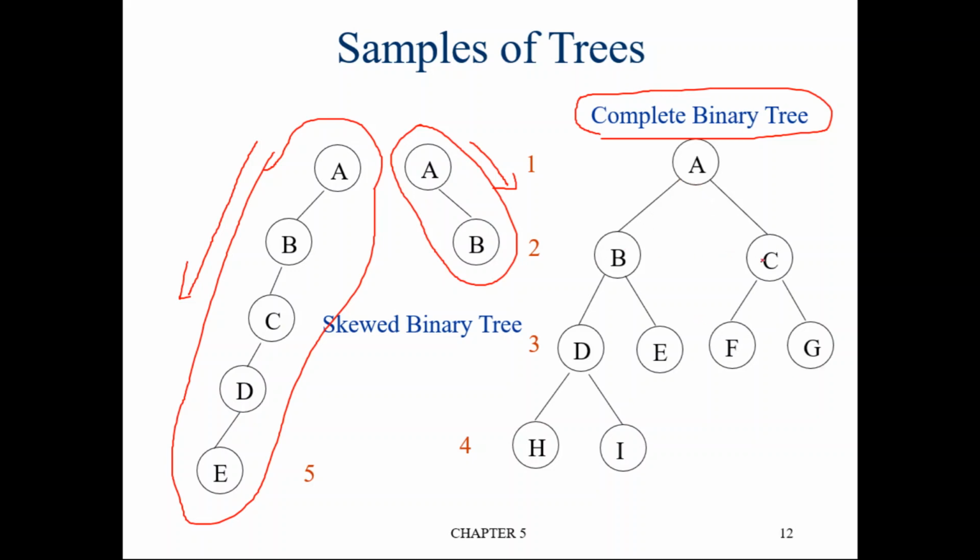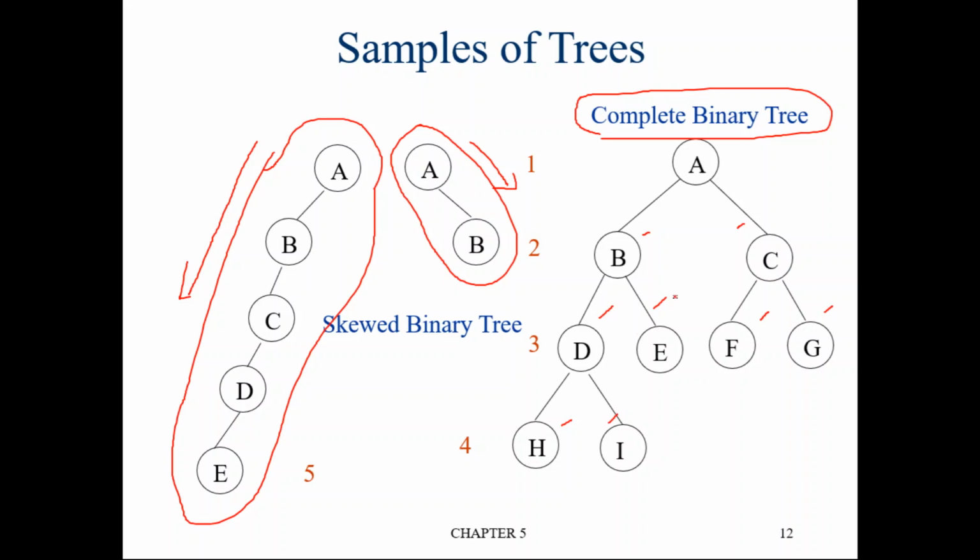All the nodes are filled in order. After A you have B and C, after B you have D and E, after C you have F and G, then you have H and I. That is not in alphabetical order.